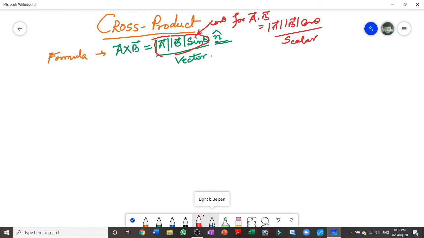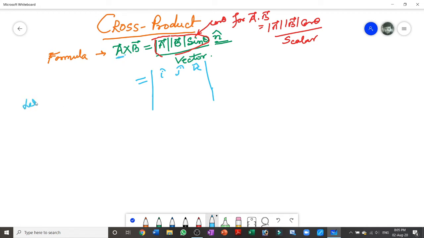Also, to find it out we have to use the determinant process, that is I cap, j cap, k cap, and we have to first write its intercepts.